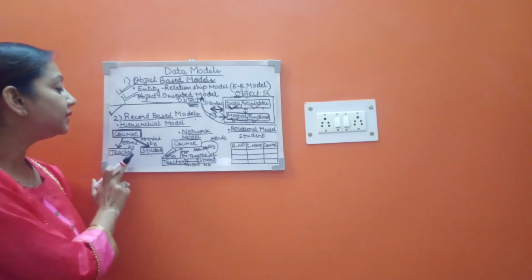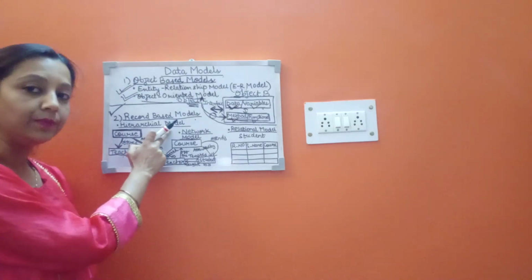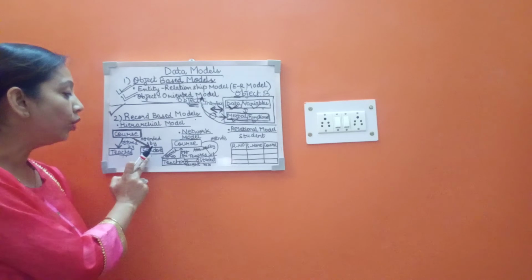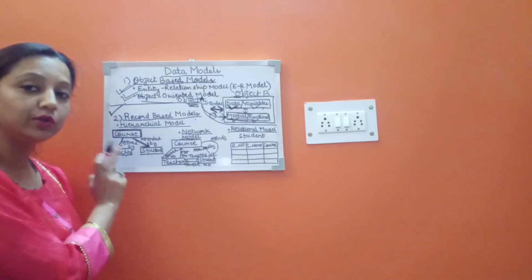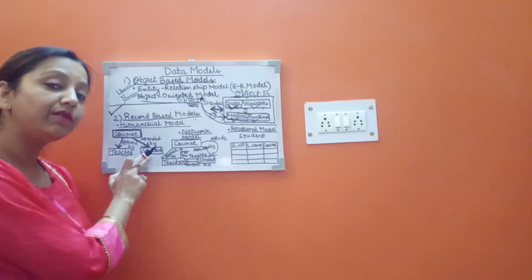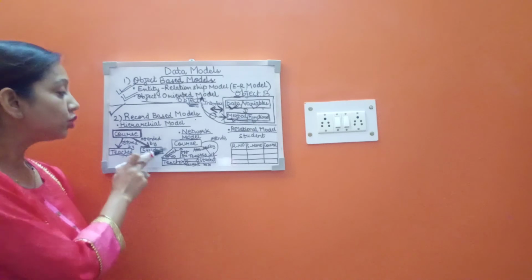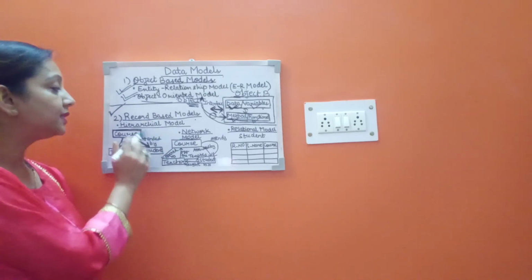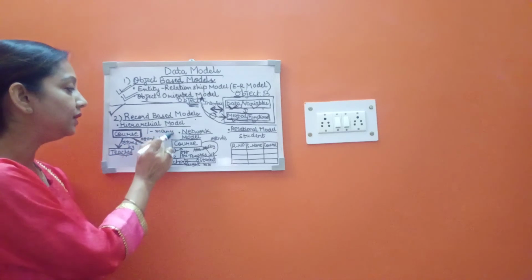Now the limitation of the hierarchical model is that at any point of time a child node can have at most one parent node, not more than one. I said at most, that means it can have only one parent node. So the relationship here is one to many.